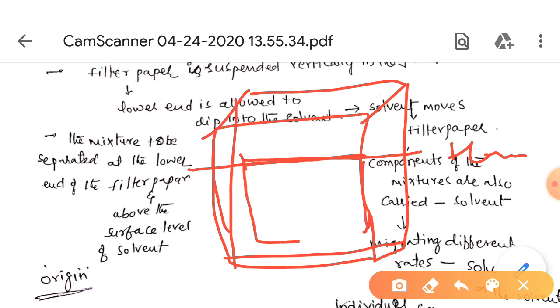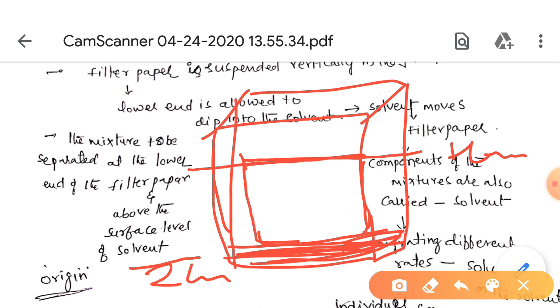We pour the solvent up to 2 centimeters in height. This is the filter paper, and the end of the filter paper is dipped into the solvent.